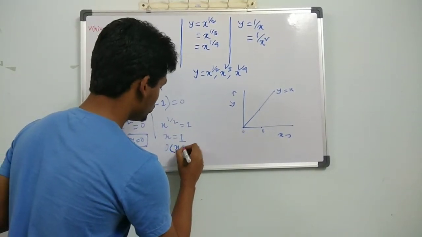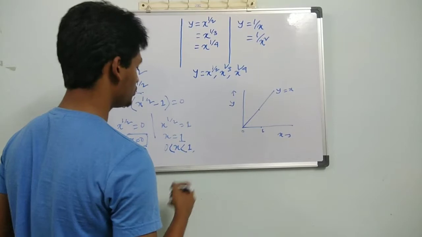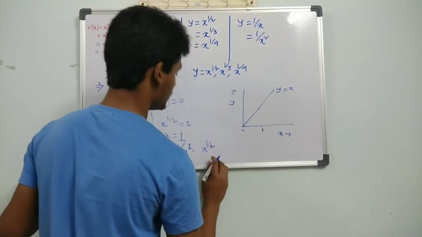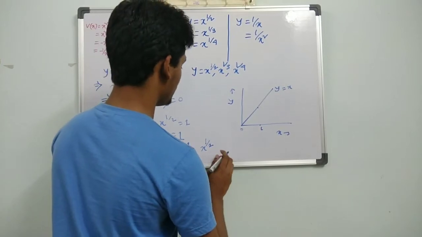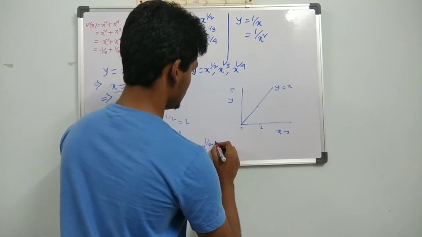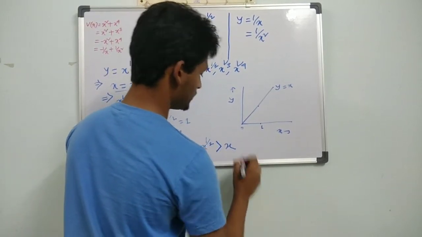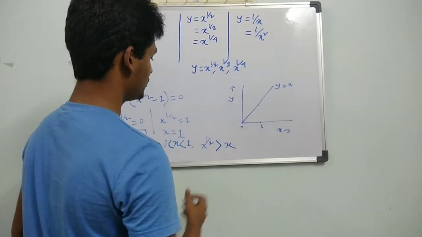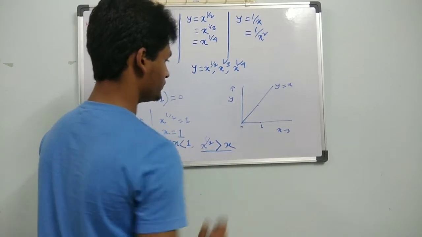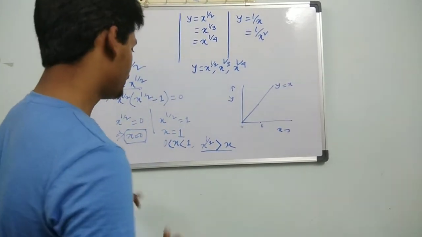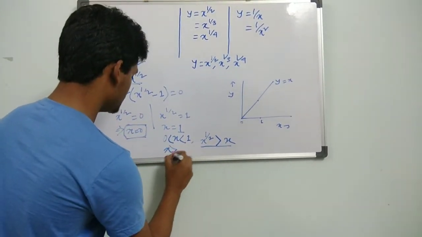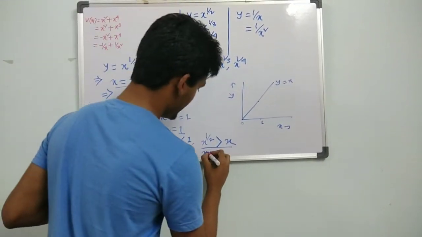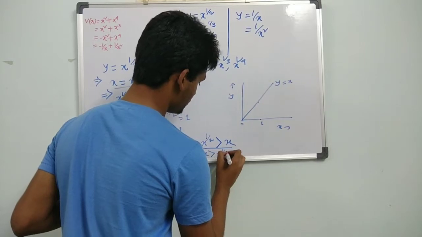From 0 to 1, x to the power half is always greater than x. Just simply take one value of this, and you will see this is happening. And in this region, x is always greater than x to the power half.